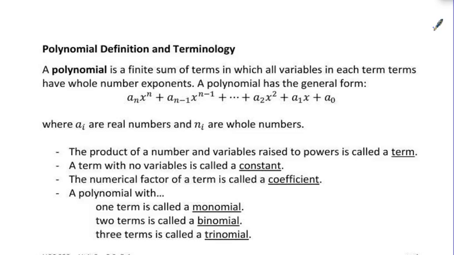Okay, so we need to first define some things about polynomials, what they are, get some terminology down. A polynomial is a finite sum of terms in which all variables in each term have whole number exponents.